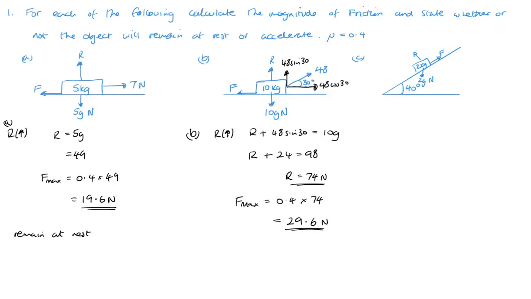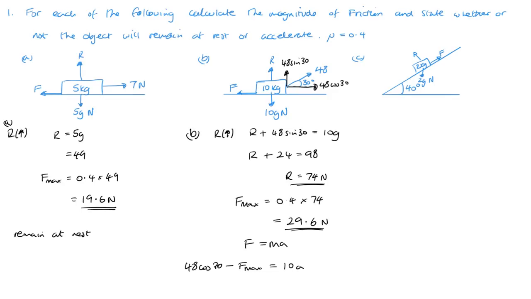Now let's look at what's happening. Is it moving? Okay, so 48 cos 30 gives me a value of 41 newtons. So it is going to move. So F equals MA, and we've got 48 cos 30 minus my frictional value, which will be the F max, equals 10A.